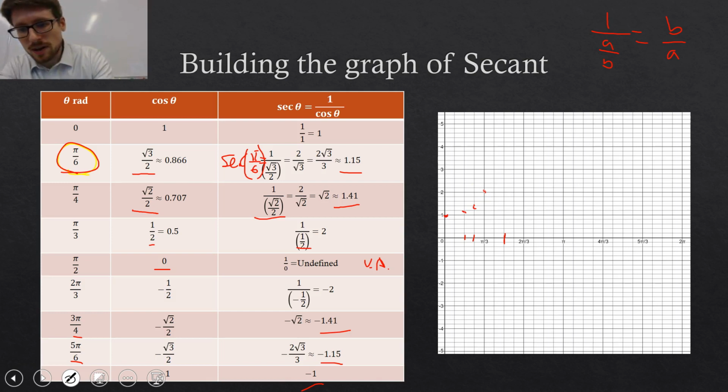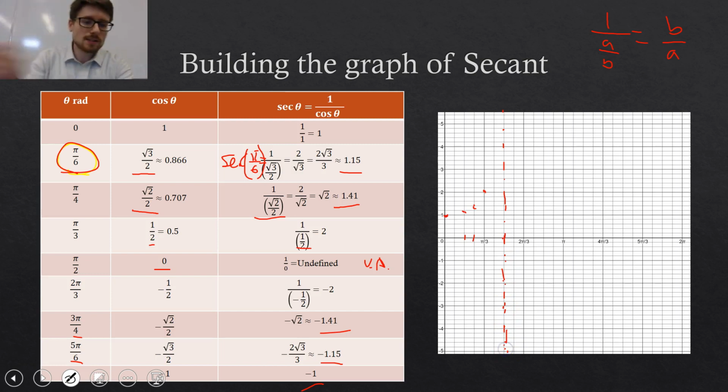Pi over 2 is undefined, so I'm going to go ahead and draw this vertical asymptote. I know it's going to be a vertical asymptote because I know that our numbers are increasing when we get close to pi over 2, and so the cosines are getting closer to 0. 1 over a number getting close to 0 is blowing up.